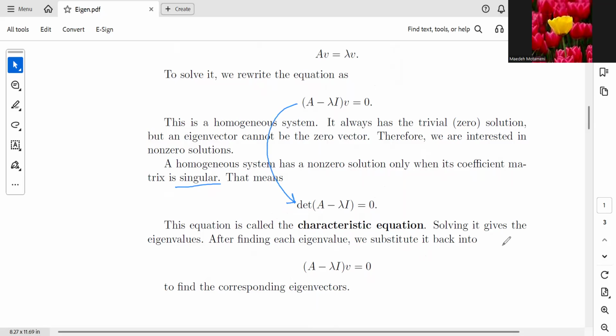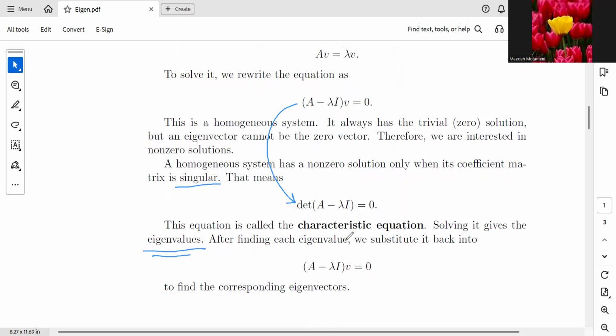So we solve the determinant of this equals zero. It gives us an equation. We solve that, and we find the eigenvalues. These eigenvalues are the numbers that help us find the eigenvectors.